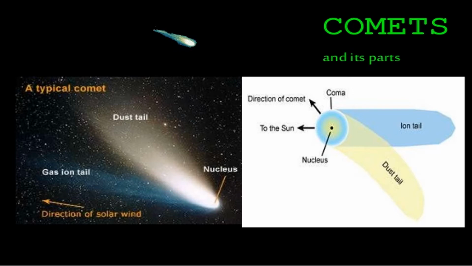Try to follow the arrow to tell the direction of the comet. In this image, you have the dust tail, the nucleus, the gas ion tail, and the direction of the solar wind. Once the comet gets closer to the Sun, light reflects on it.